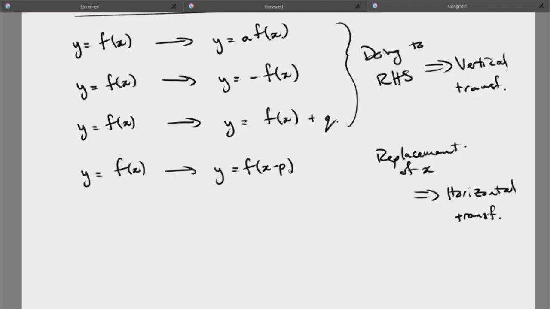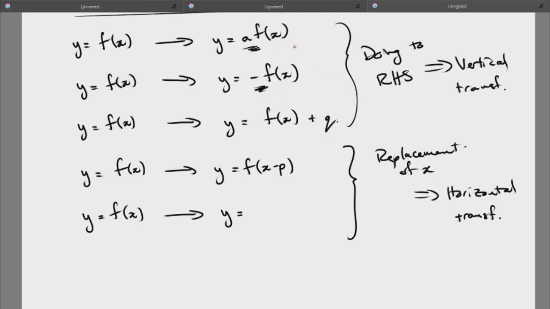And then that replacement corresponds to a horizontal transformation. But there's another one. That's also a replacement. That's not a big deal in the polynomial basic functions, but the square root is a little different. Just like here, I've isolated the positive vertical stretch from multiplying by a negative number.